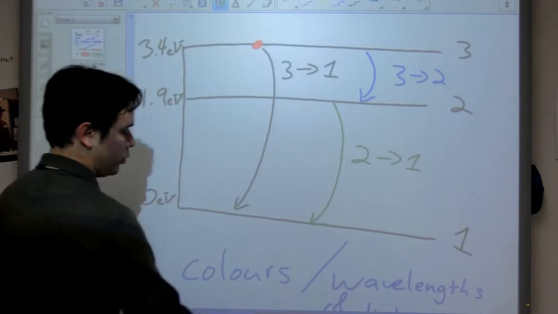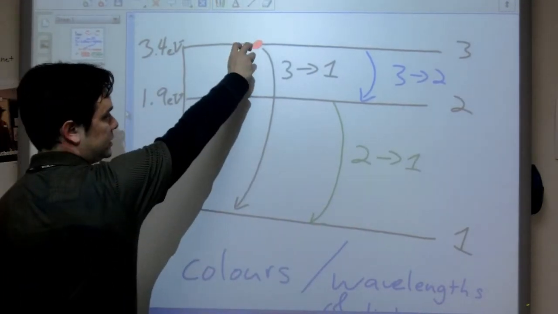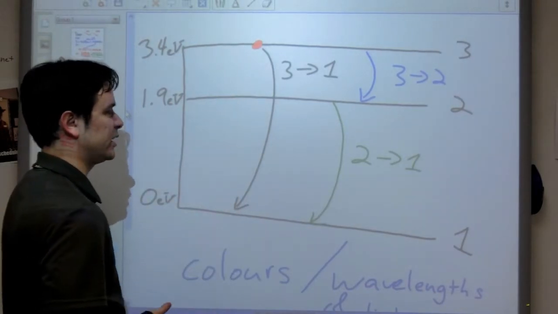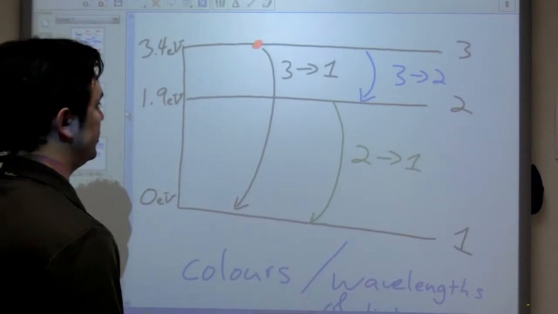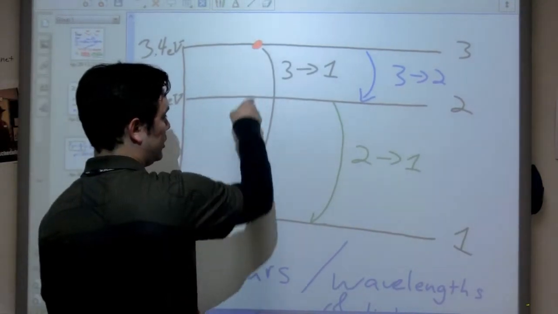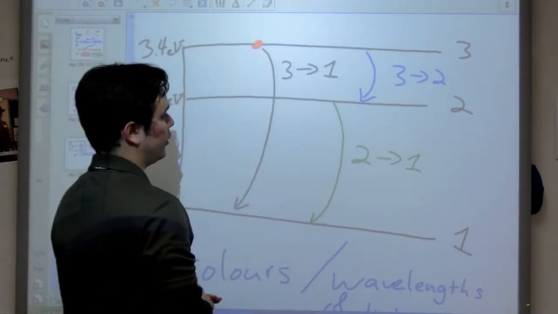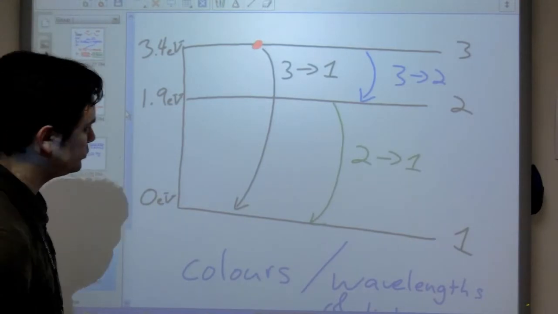But at each point, when it moves from one shelf to another, it disappears instantly from that shelf and appears on the other. That's one of those weird things. Electrons like to be strange when they're bound to atoms. So it's never in between these. It's always either on one shelf or on another, which is kind of the weird thing, again, quantum mechanics.